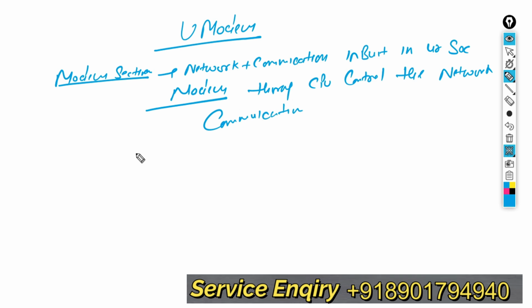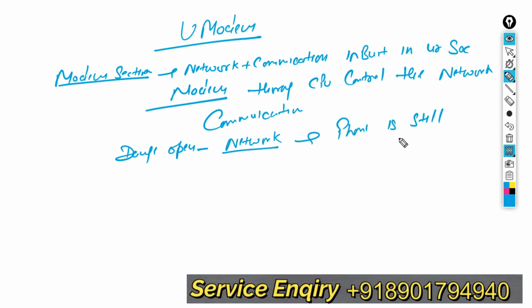If this voltage rail is damaged or open, you will struggle with the network section, but the phone is still on, except in one condition: if there is a short circuit on this line, then your phone does not turn on. Then it's in a dead condition. Otherwise, it stays on even if you do not get this voltage.